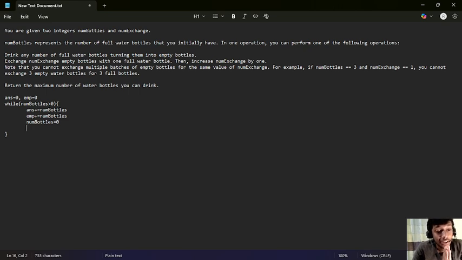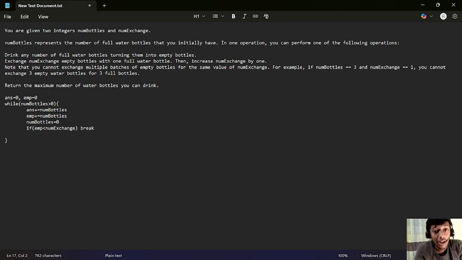Then what's next? Then we have to check for a condition. The condition is if the empty water bottles are less than num exchange. First let us write: empty less than num exchange, then break. We have to terminate the process. So what does this mean? If we do not initially have a sufficient number of bottles.